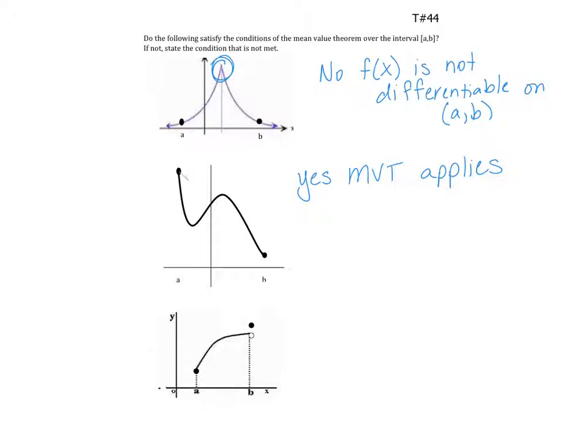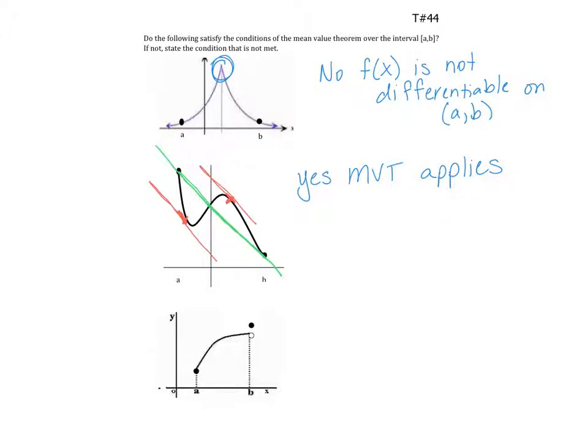It would mean if I found the slope of this secant line, that green line, I can promise you somewhere between A and B there is a point where the slope of a tangent line, I'll approximate, maybe about right there. There's one. There's probably another one over here. So there's actually two. At least once, the slope of the tangent line at a particular point is going to be equal to the slope of that secant line.